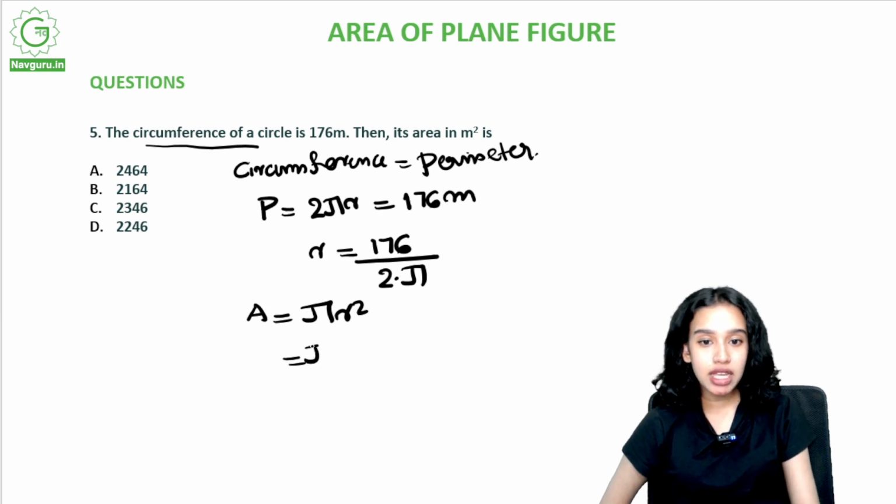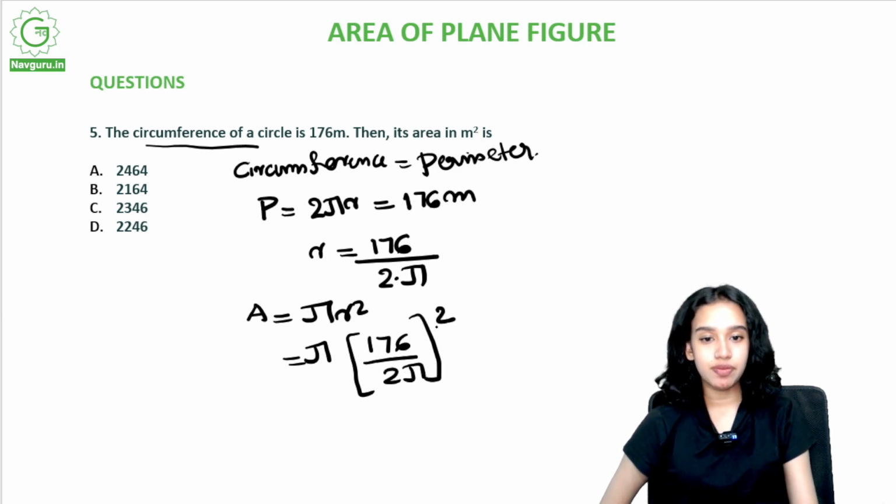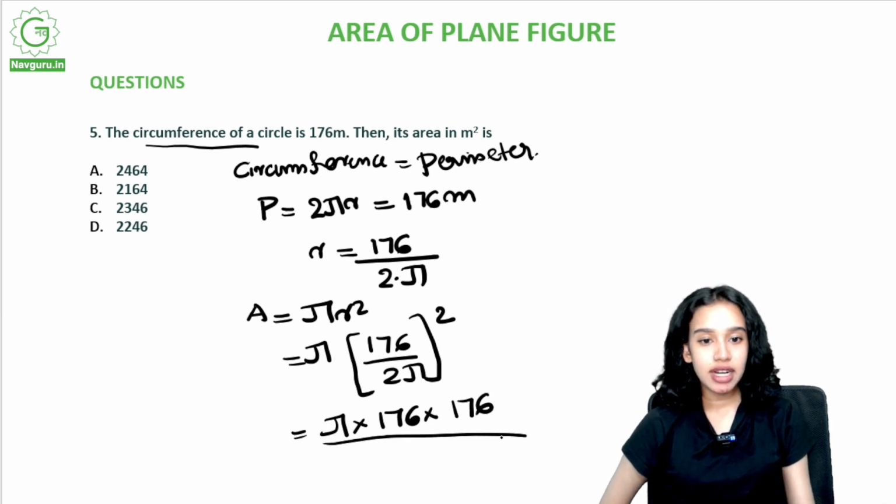R is equal to 176 by 2 pi, and r square means this is squared. Now we have pi into 176 into 176 divided by 2 into pi into pi.